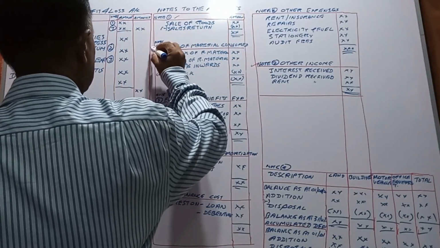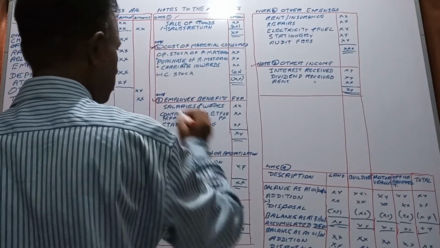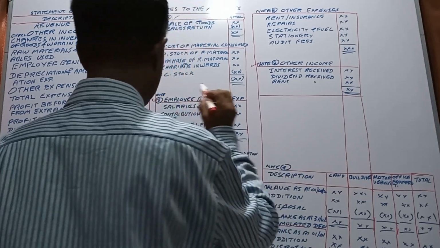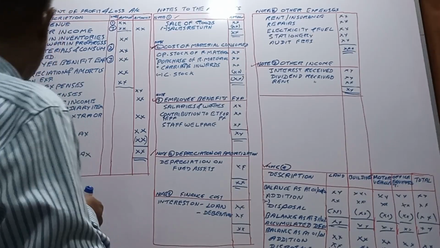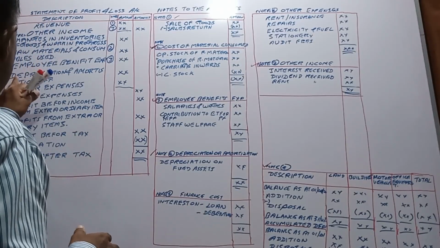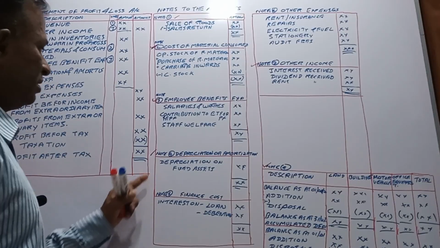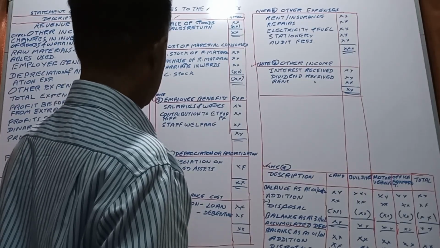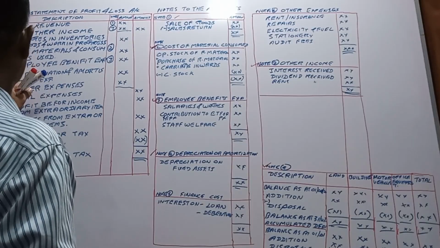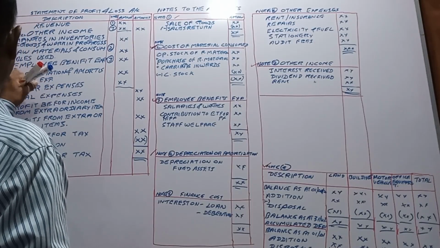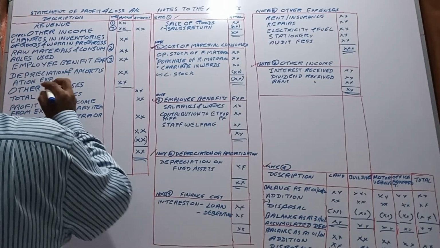So this is okay, this is okay, and depreciation also okay. Next one, employee benefits before that, and finance cost.